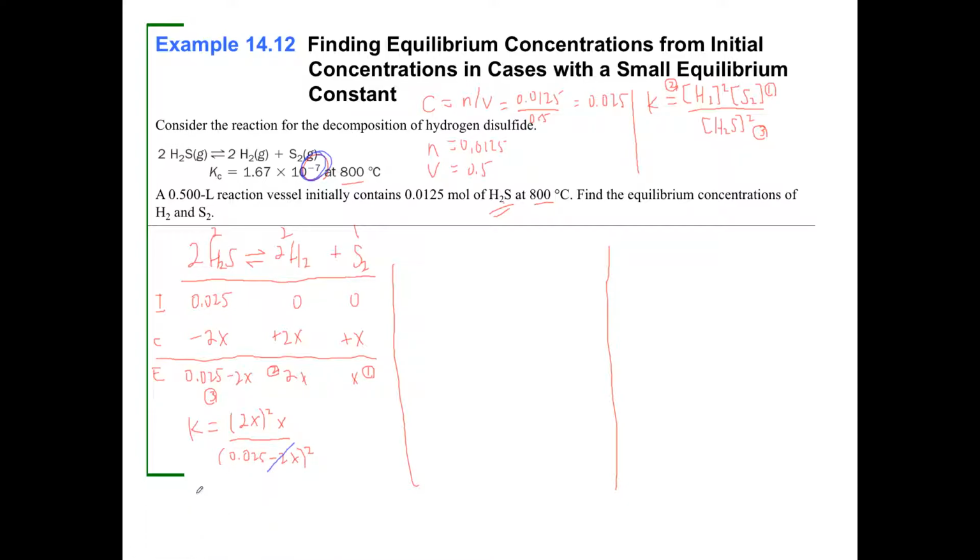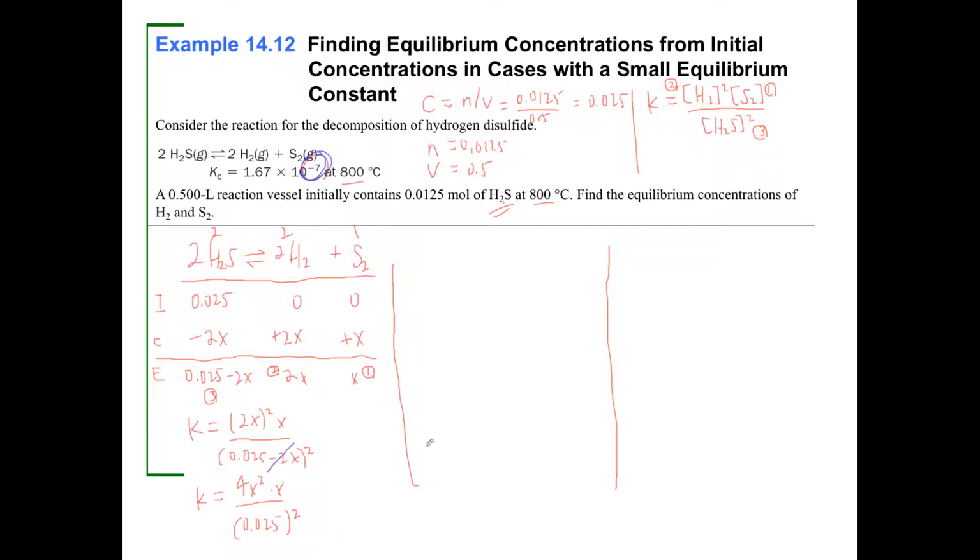And we're going to go, okay, great, watch this. K is equal to, I'm going to do this part right here. That's 4x squared times x over 0.025 squared. Agreed? Because I got rid of that. Awesome. Okay.